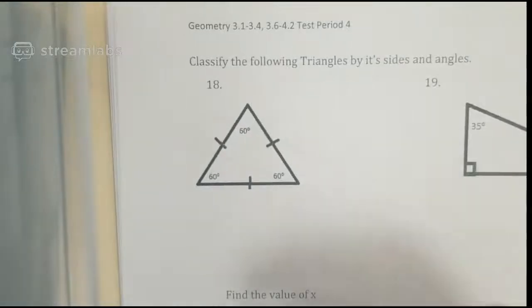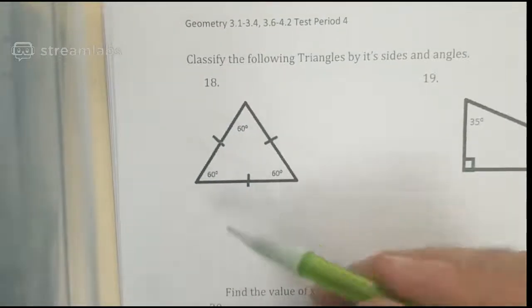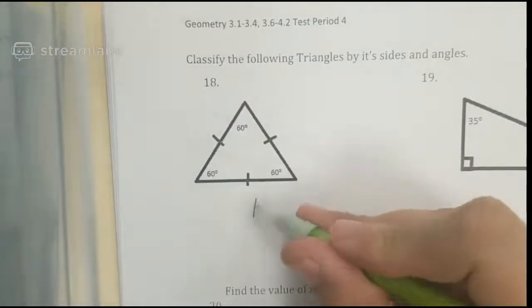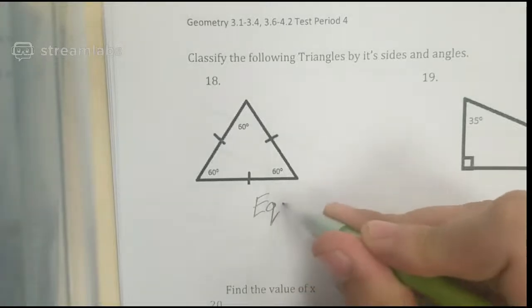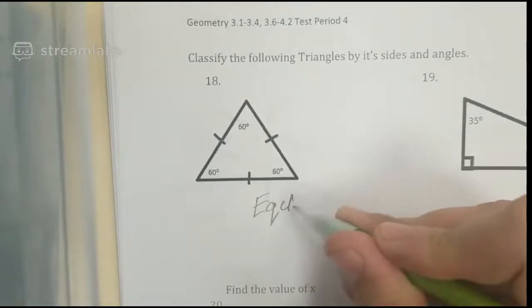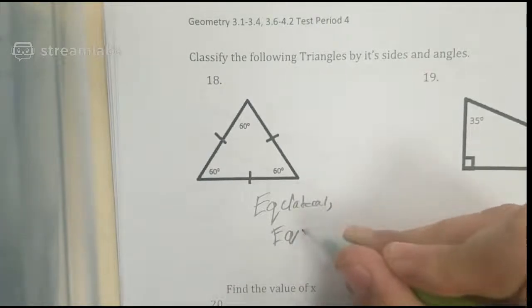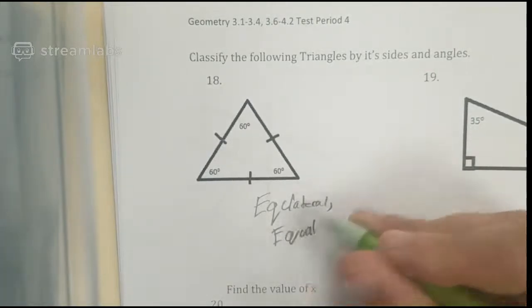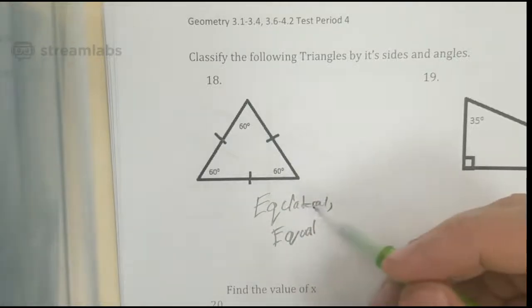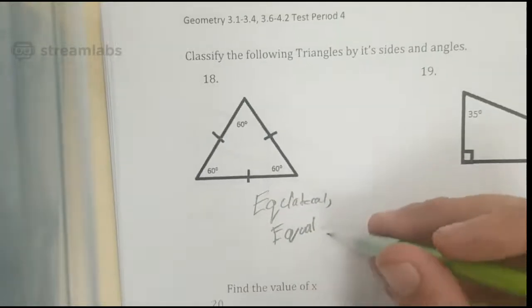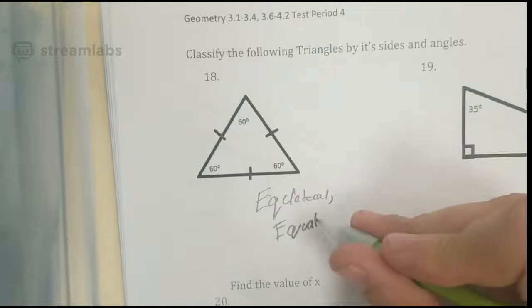All right, let's go to the next one. So chapter 4, which is classifying triangles. All right, so this one, if it was a multiple choice, the choices would be like equilateral and equiangular. Some people said acute, which technically is acute, but equiangular is the more correct answer. So equilateral, equiangular.